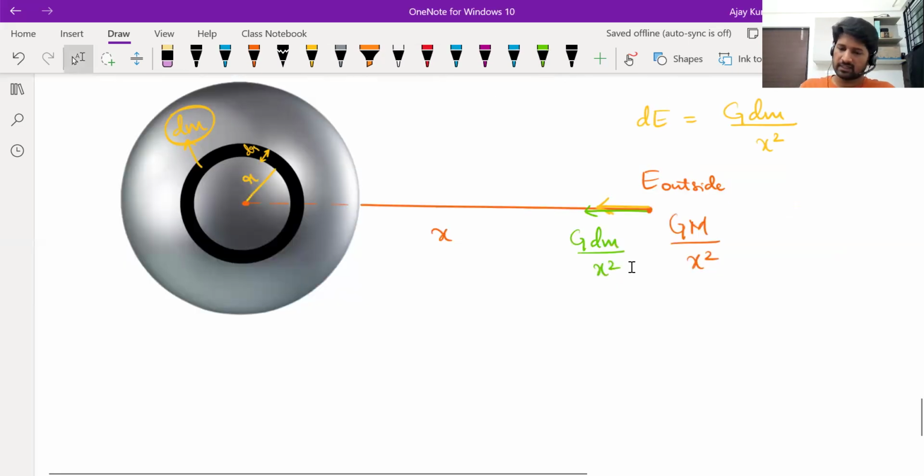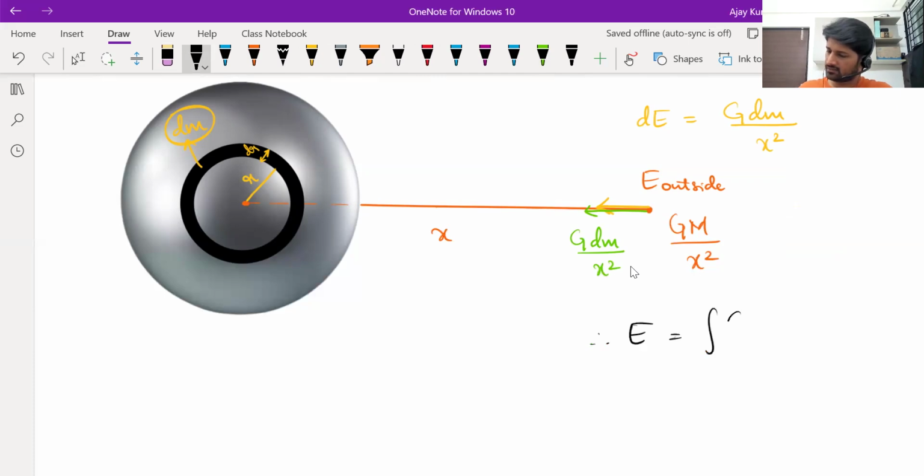Therefore, the net field outside becomes integral of G dm by x square. Here x is not a variable because for any of these shells, the center is the same. So the distance from center to that point where you want the field also will be the same. So x is a fixed value, it's not a variable.